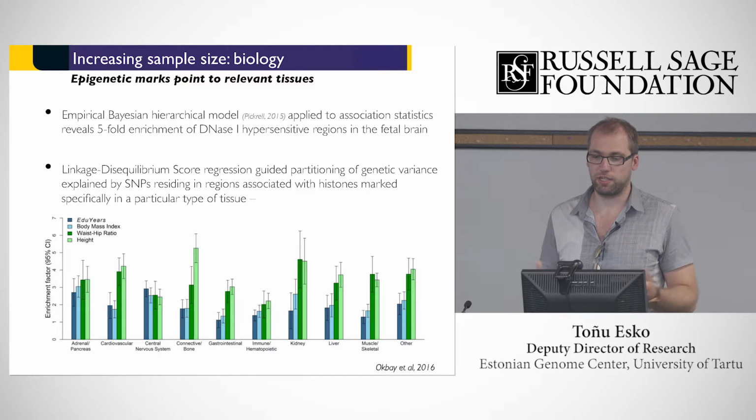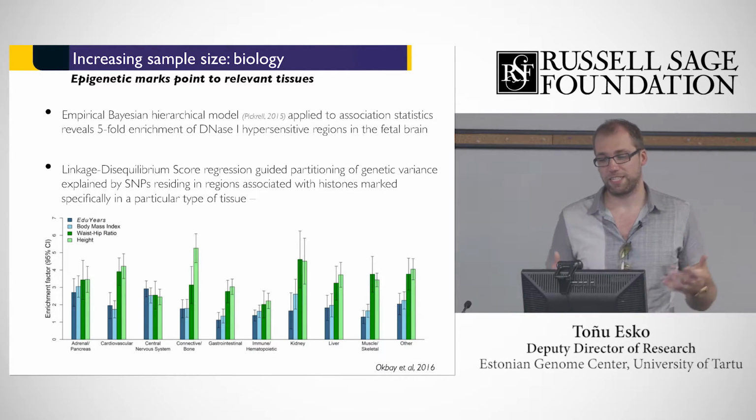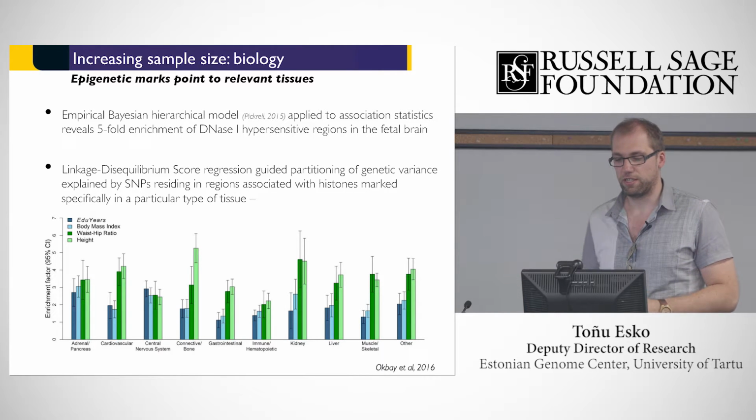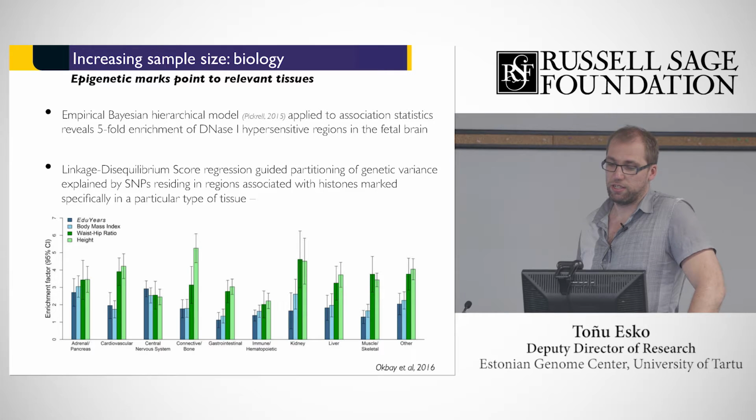And then again, here we can apply some methods that Patrick will dive into later on in this course. But basically, we can quantify how much genetic variance can be explained across those different tissues, having information on those epigenetic marks.